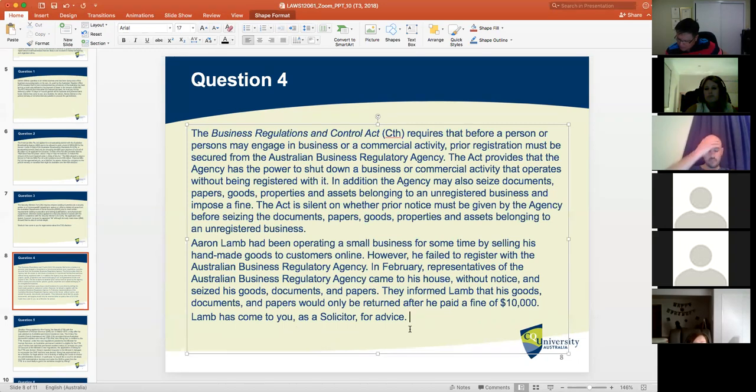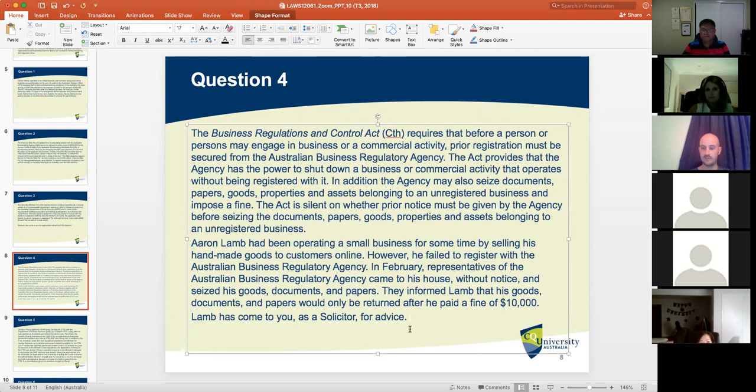Yeah, so we looked at this sort of stuff a little while ago. I can't remember off the top of my head, but the government can't just, that's right, it's excessive use of power. So they might have discretion to do stuff, but it's not unfettered discretion.